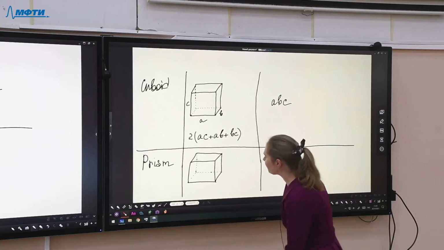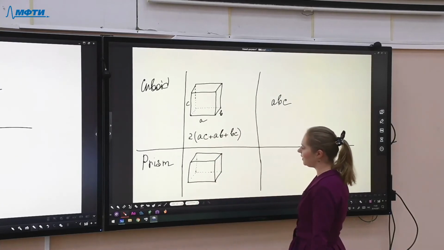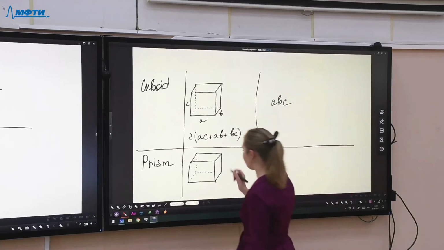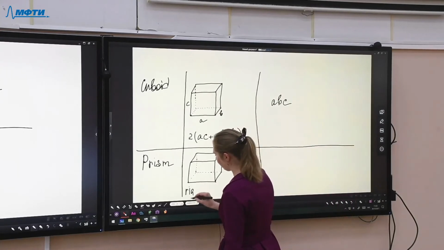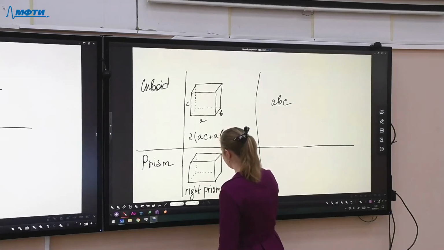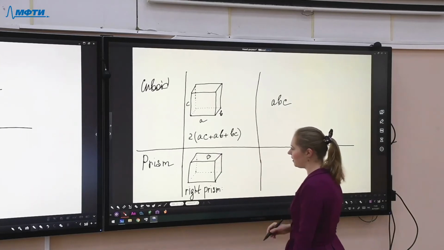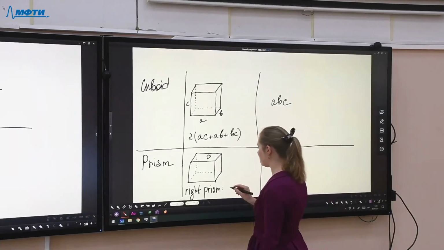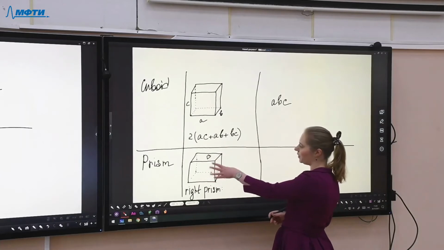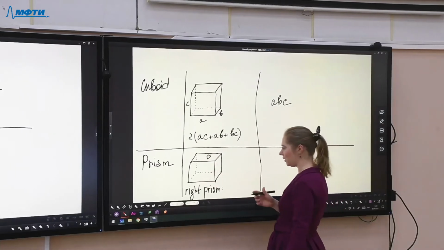Okay. If we are talking about a right prism, we know the area of each base because we have two equal bases, so their areas are also equal.